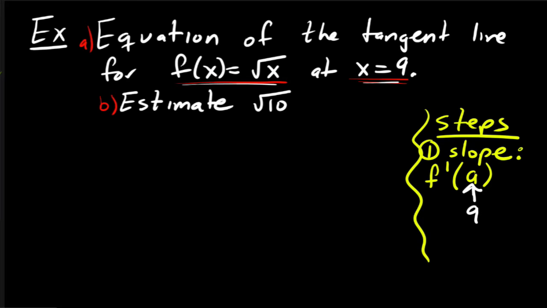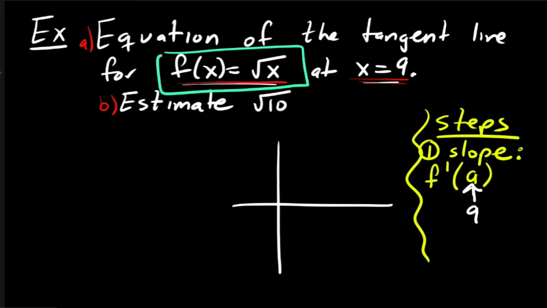Okay, now before I actually do that, let me draw a picture right here, because having a visual is important. So let's say I've got the function here, square root of x, a rough picture. And let's say that 9 is right here.